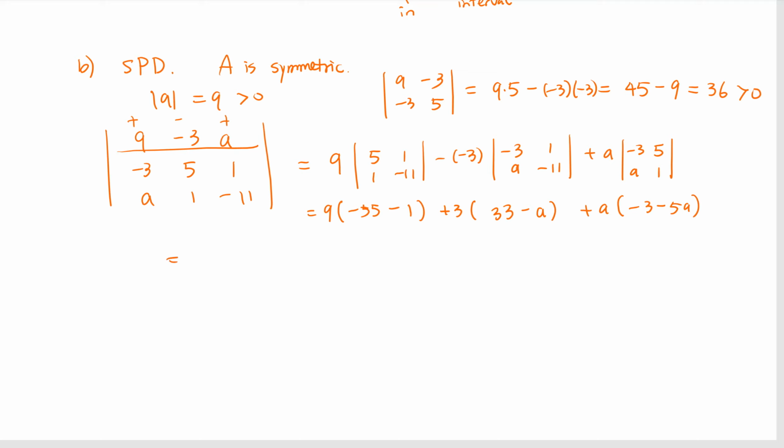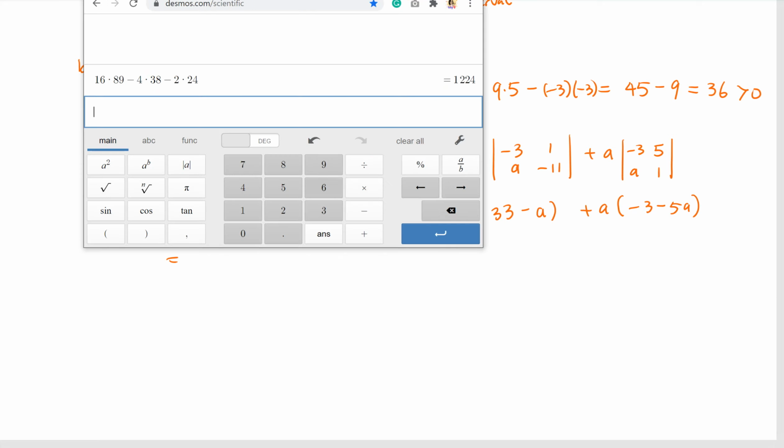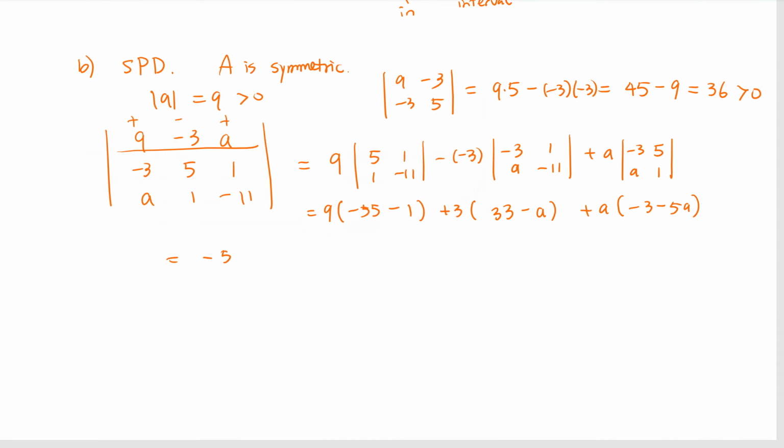Okay, so -55 minus 1 is -56. 9 times -56, calculator: 9 times 56 is 504. This is -504. Plus 3 times 33 is 99. Minus 3a, then distribute: it's still minus 5a squared.